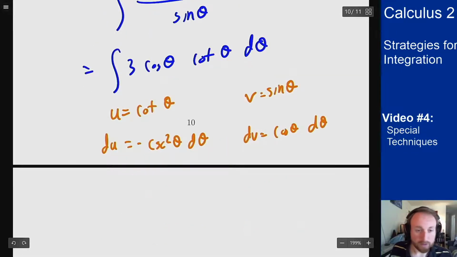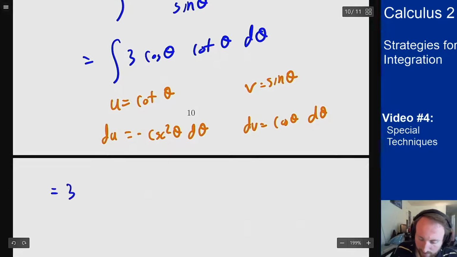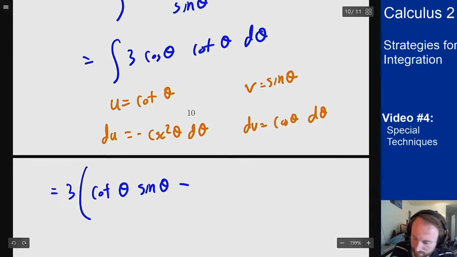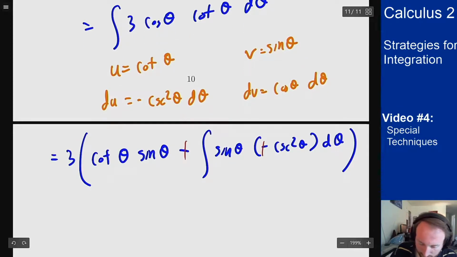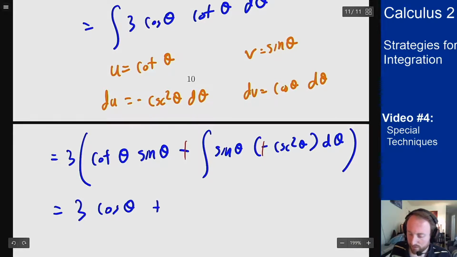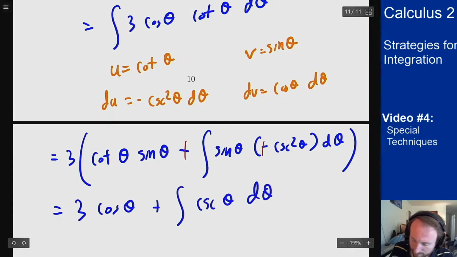If I do that, I will get the following. This is a 3 out front times uv, cotangent theta sine theta, minus the integral of v du, sine theta times negative cosecant squared theta d theta. The minus signs here cancel. Cotangent is cosine over sine, so that'll cancel with one of the sines to give me here a 3 cosine theta. And then plus the sine cancels one of the cosecants to give me the integral of cosecant theta d theta.